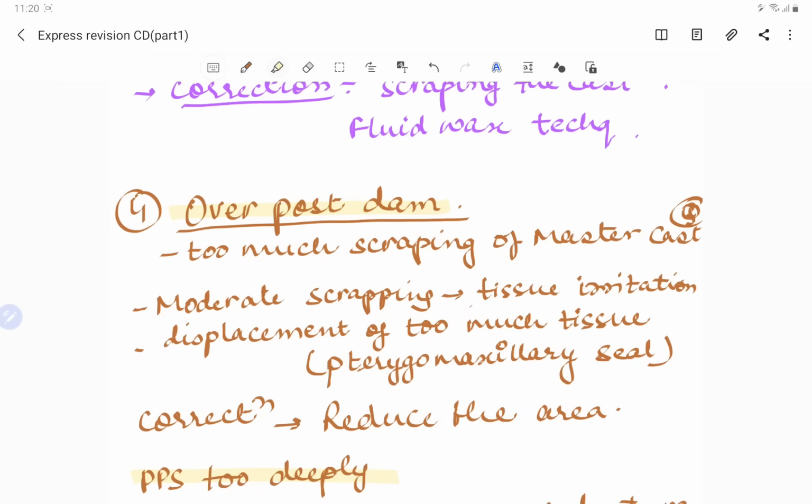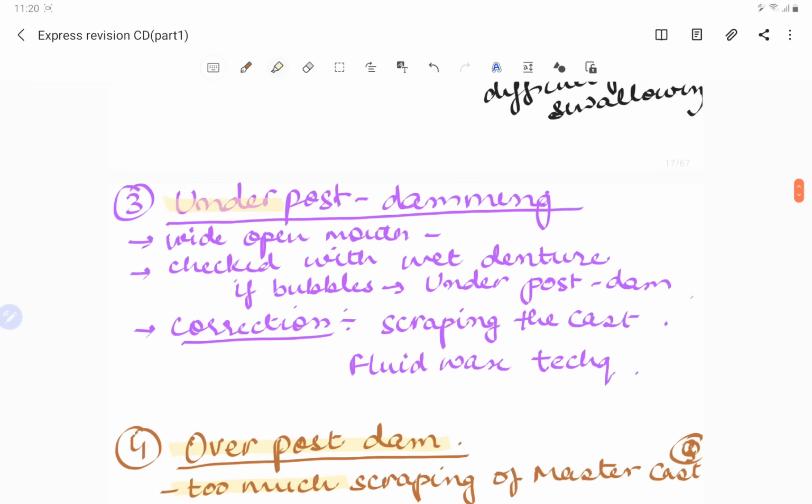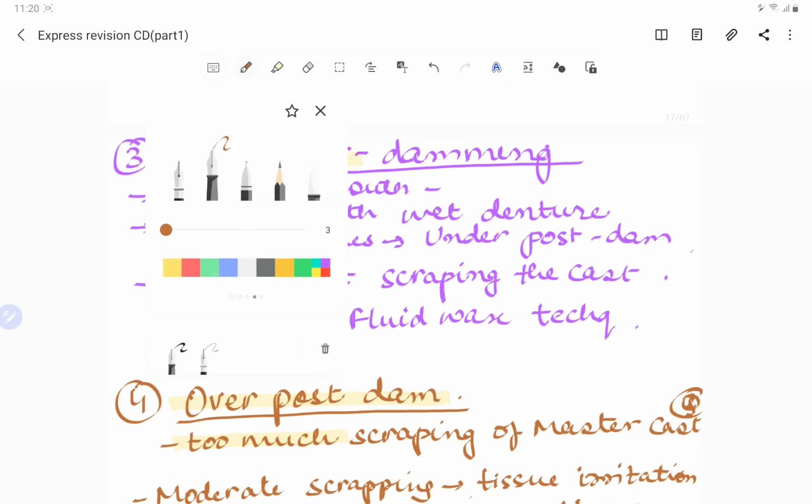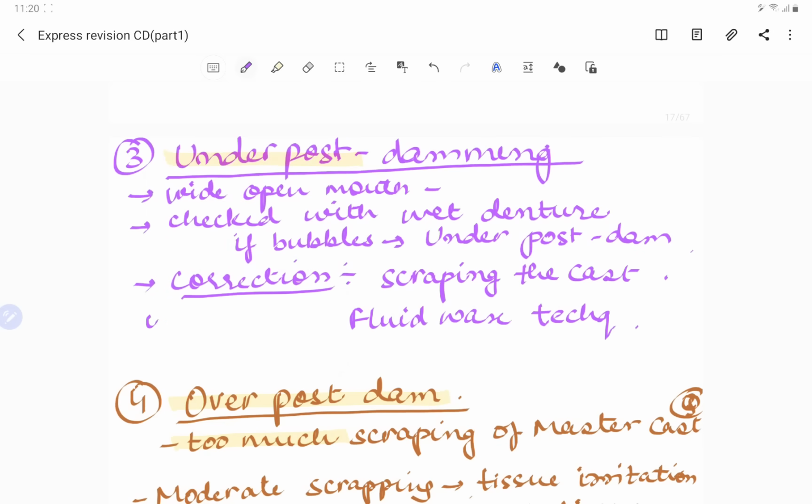Over post damming is too much scraping. Under is less scraping. Let me write once again. Under scraping.